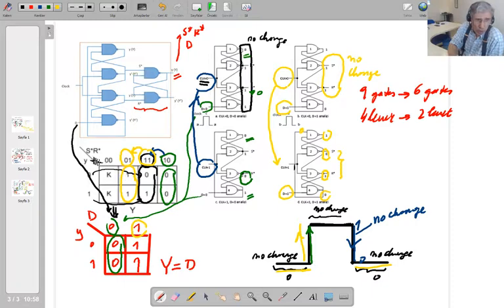That is the output of the S star R star memory element. This is also the output of the D-type memory element, which is the same, isn't it? So we have shown that on the enable input rising edge or positive edge, my brown framed D-type memory element works according to the D-type memory element definition relation.